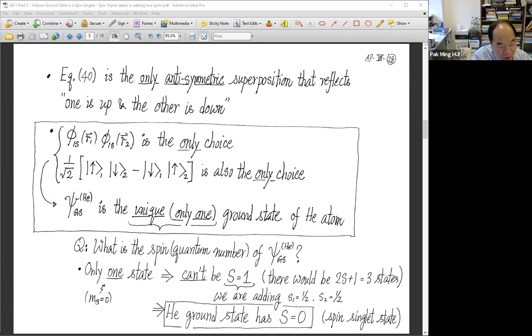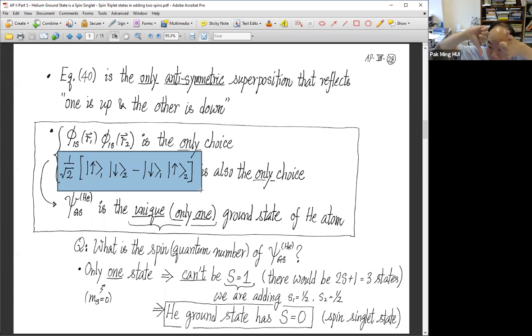Because the quantum number behind it, the so-called ms, the z component, can only be 0. There's only one value. So this will be unique. There's no degeneracy behind it. Okay, so this is the argument, a lazy argument that I try to make, so that I will regard this combination up, down, minus down, up as the singlet state.